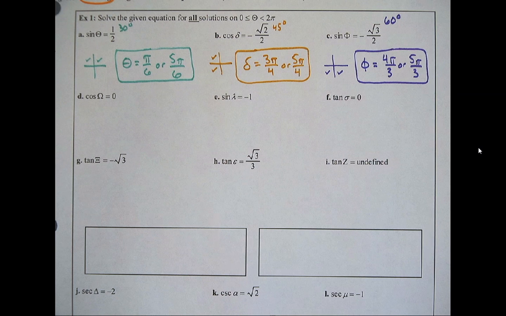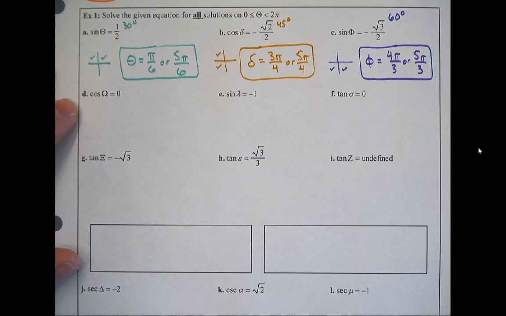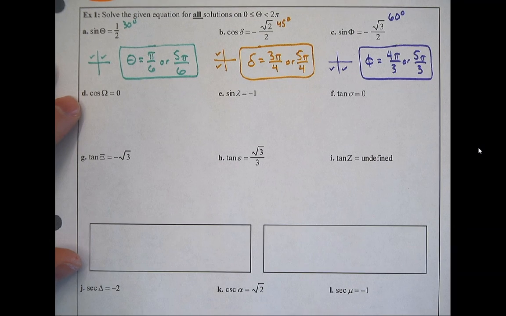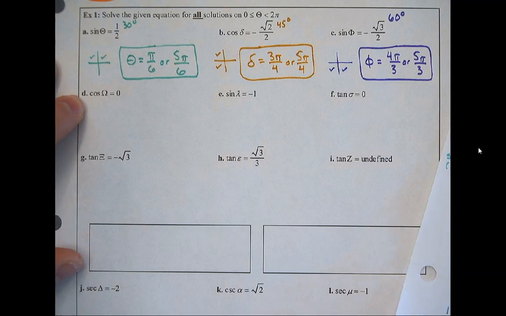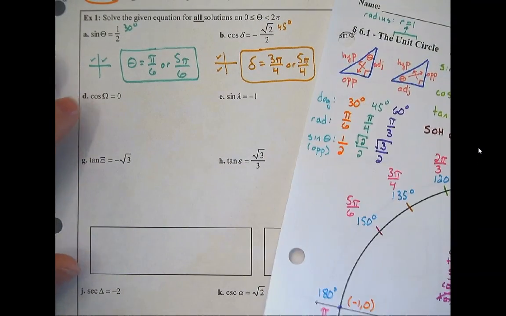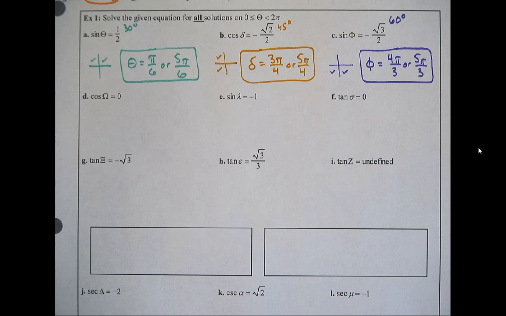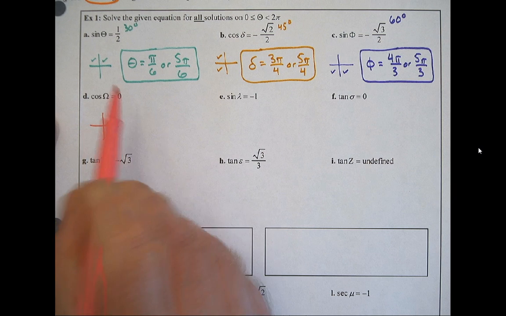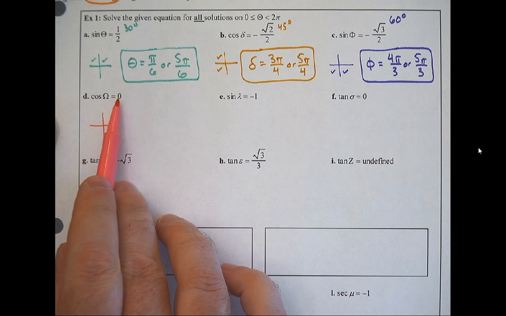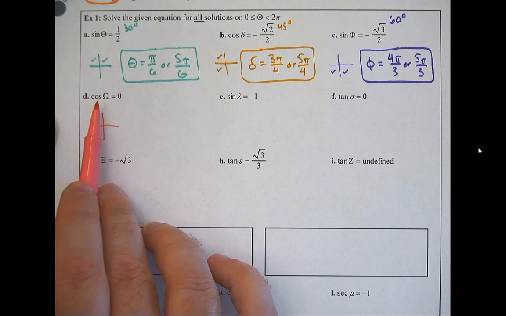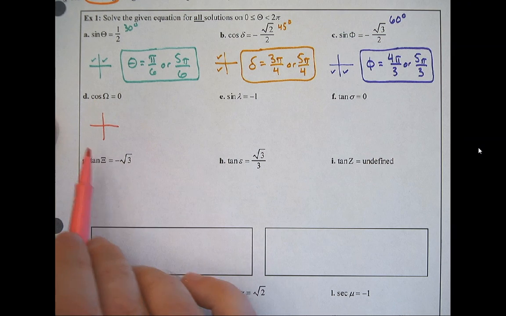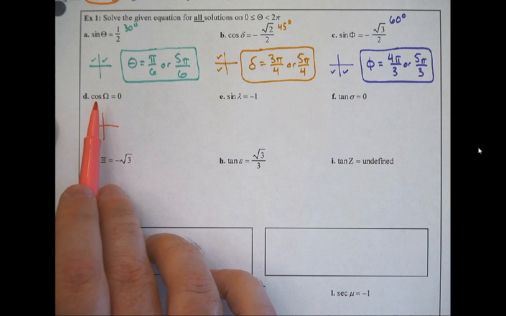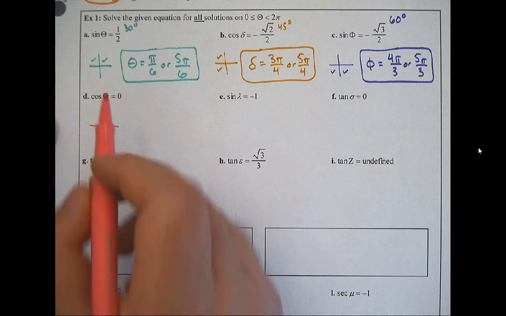Cosine of omega is equal to 0. So that's basically saying where in the unit circle is cosine 0. This is a little bit different. We can't do check marks because x is supposed to be worth 0, not a positive or a negative. So where in the coordinate plane do you have a location where x is equal to 0? Well, there's two spots.